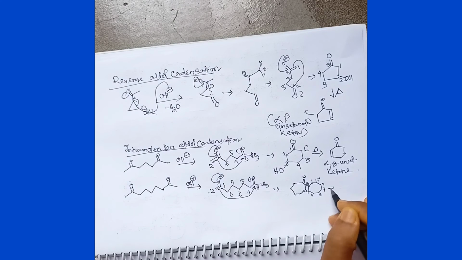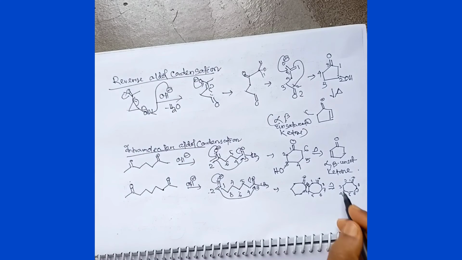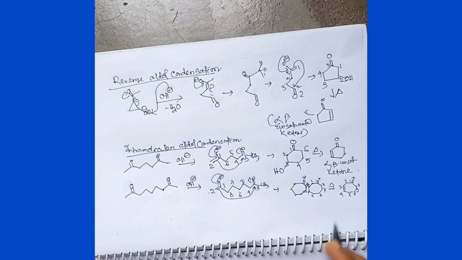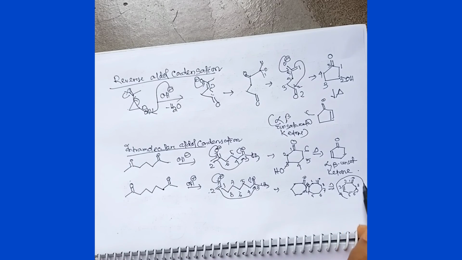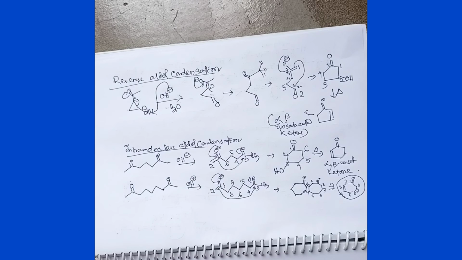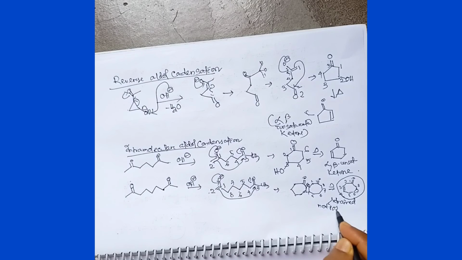After heating it is supposed to form 1 2 3 4 5 6 7 8 like this, but this is an 8 member ring which is more strained, so not possible to form.